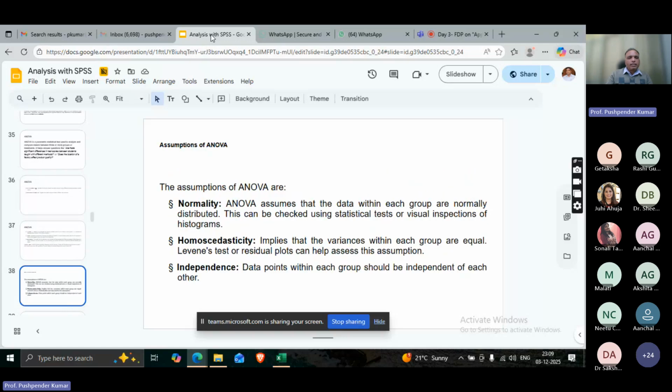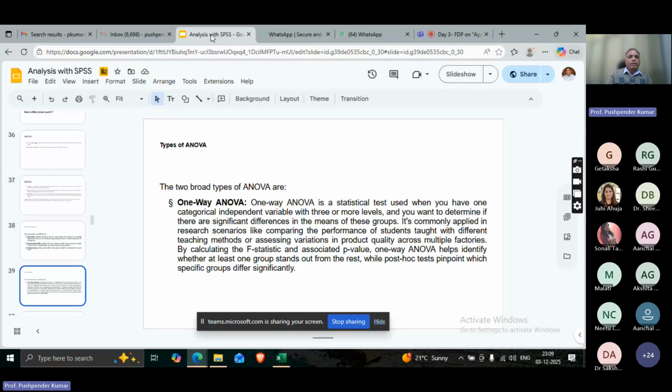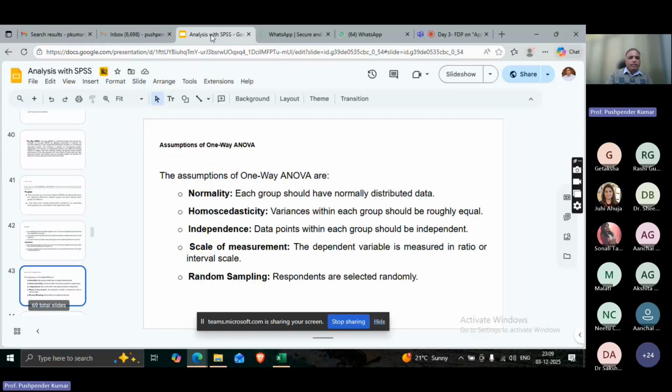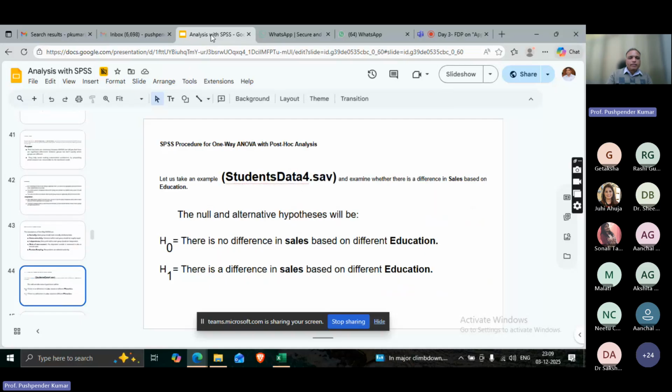I'm not going to discuss in detail. I hope you got the basic concept of ANOVA, right? So here are the assumptions of one-way ANOVA. I will share these slides, don't worry. You can go through this. There is a difference in sales based on different education. Suppose you have primary, secondary and higher education.